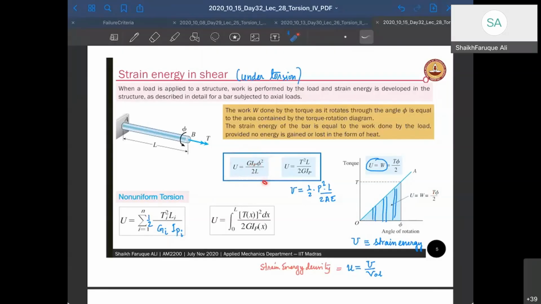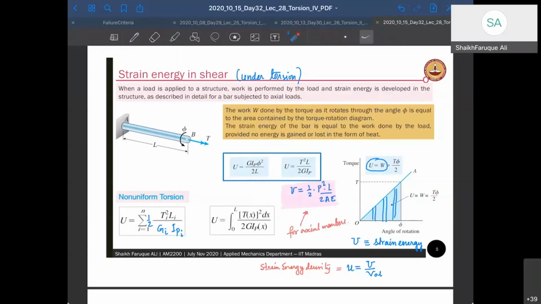And the formula, if you see, it's not very different from P square L by 2AE. This is for an axial member, remember, right? So there is one half extra here, right?